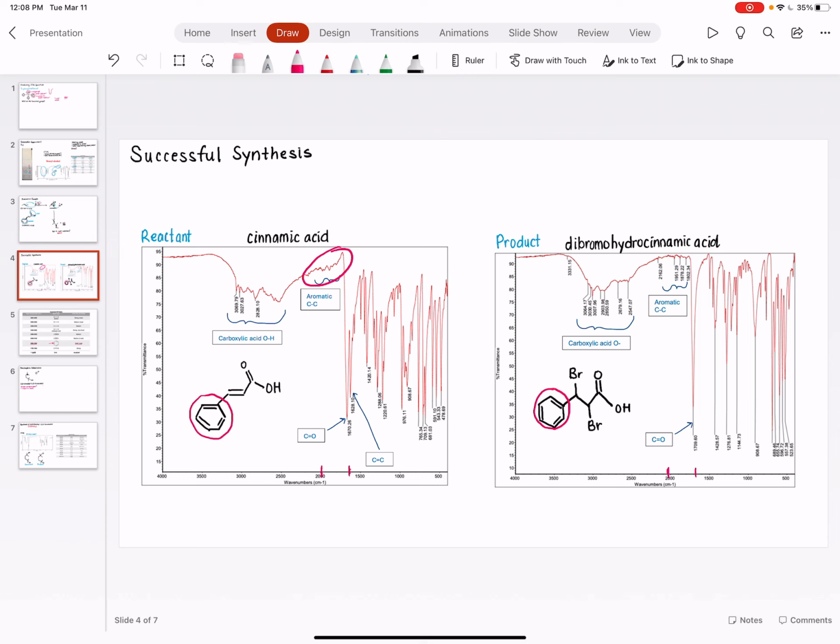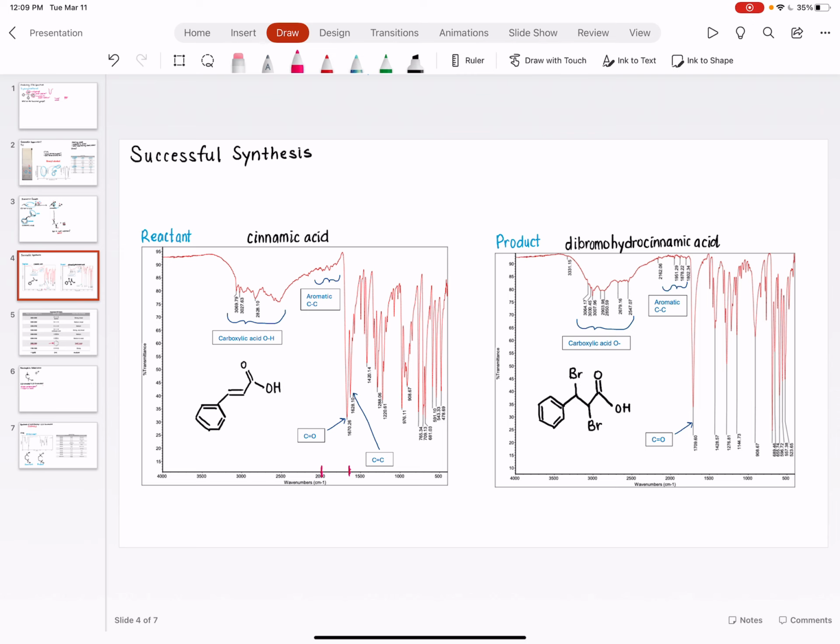It is a lot smaller, but we can still see those teeth there, and they're just very weak. But we can still see the presence of that aromatic functional group. So that's great. We expect to see that. And be thinking, if you don't have these functional groups, the ones that you should see or you expect to see in the product, why? Why did it not show up? That could be something to include in your paragraph.